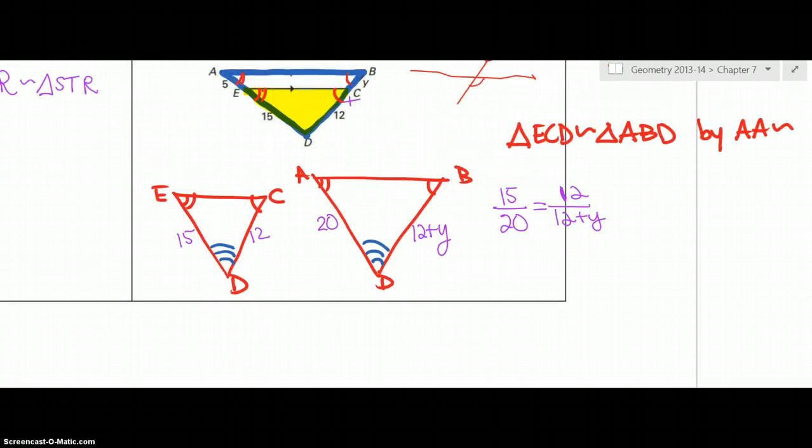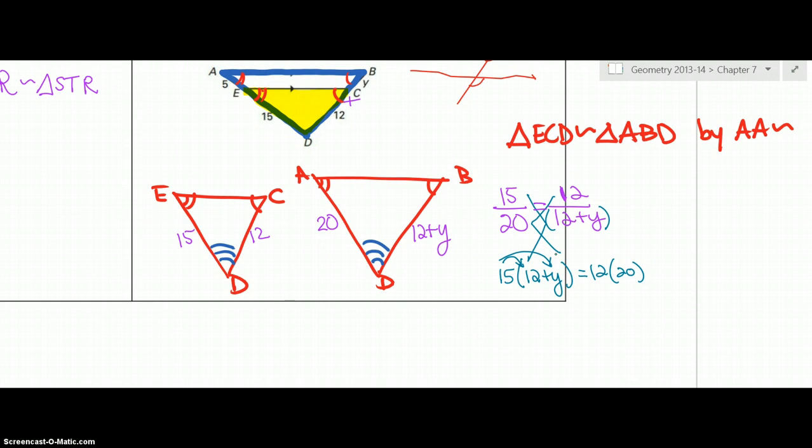Shoestring or cross multiply, yes? And so before I do that, I'm going to put parentheses around the 12 plus y, and I encourage you to do the same, because that is a quantity that you're going to have to distribute into. Okay? So we're going to cross multiply here, and we get 15 times (12 plus y) equals 12 times 20. Solve. We distribute in.